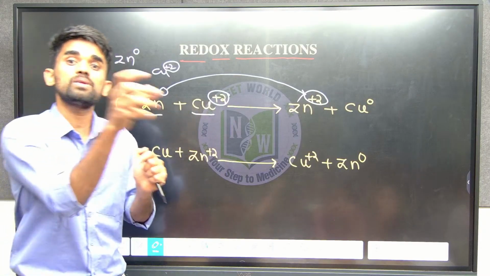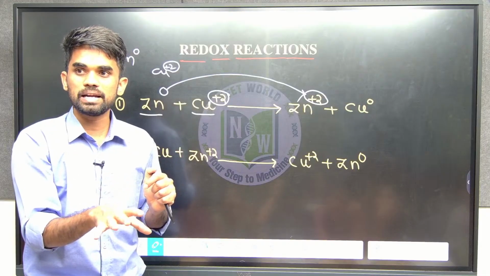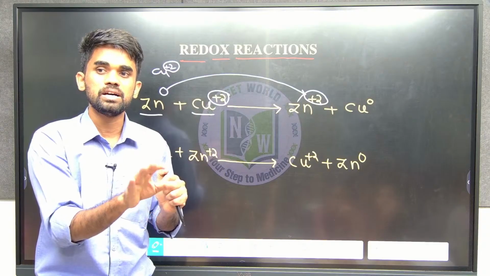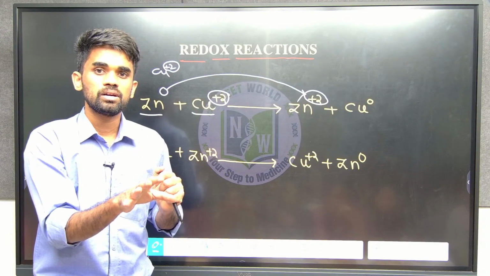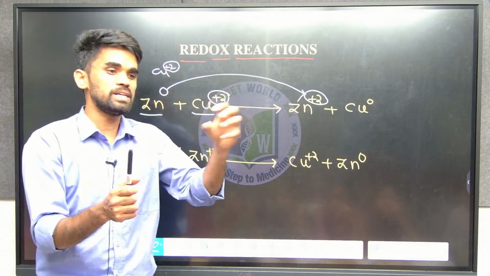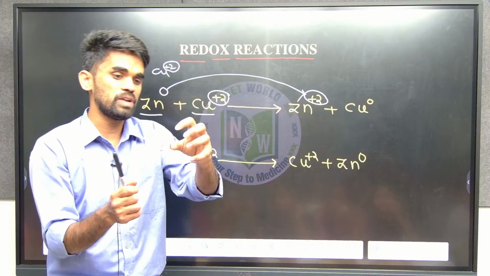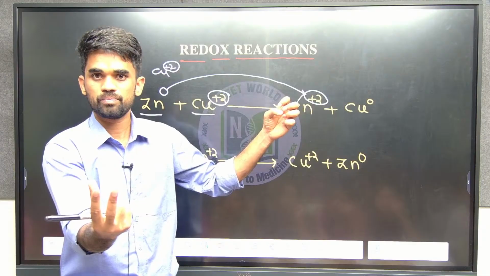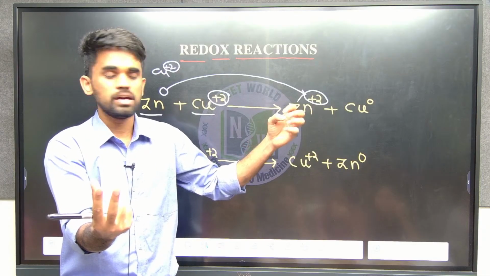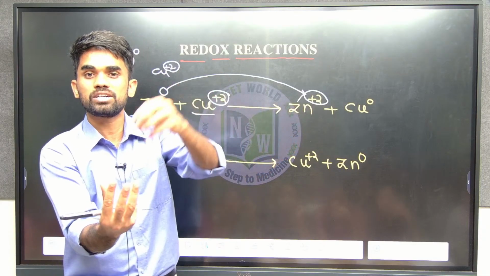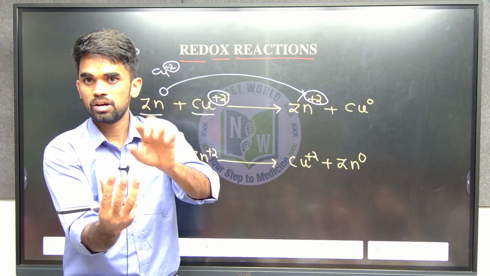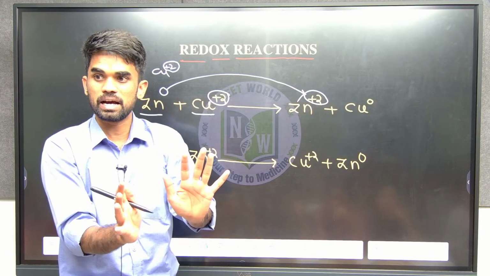Only electrons participate in chemical reactions. Electrons lost means negative charge is removed, so that species will have positive charge. If electrons are gained, that species will have negative charge on it. So these are normal chemical reactions.